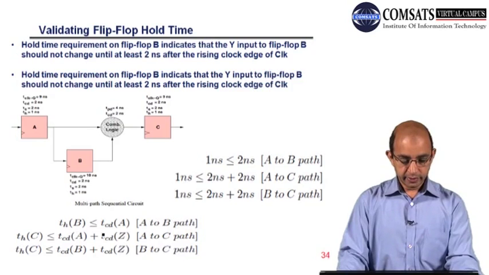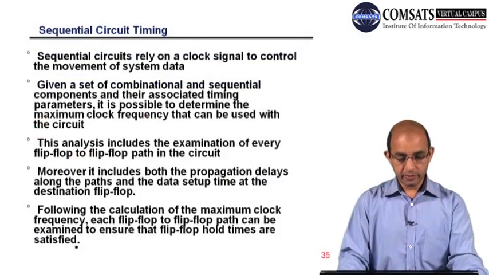THB is less than or equal to TCD from A to C, and then from B to C. So all are valid hold times.